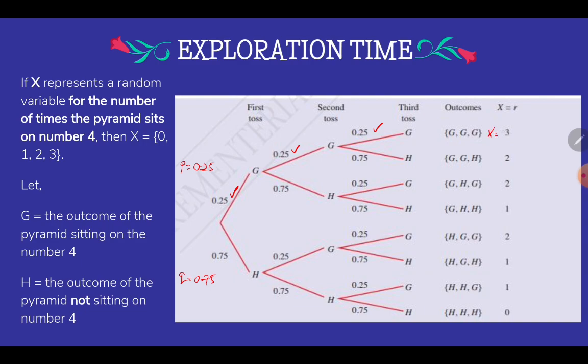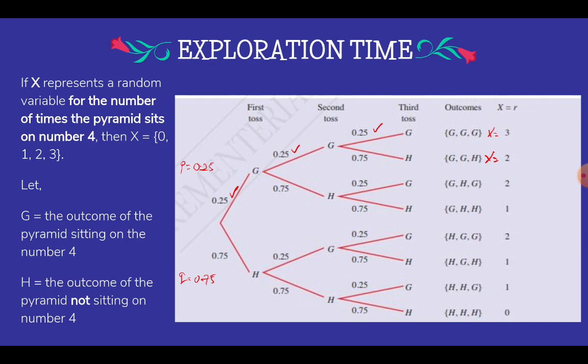So what does X equals 3 mean? It means getting number 4 in all of the 3 tosses. The same goes for GGH: we have G only twice, so X equals 2 means we get two number 4s in 3 flips. The same goes for the others.